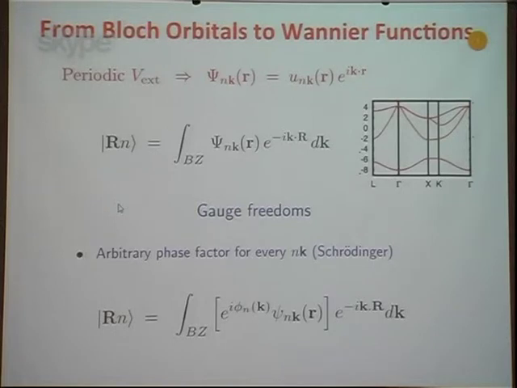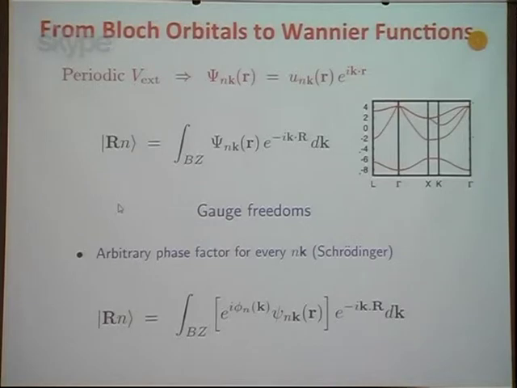It depends on the phi n, and actually I have the freedom of choosing the phi n of k as I want, which can give me some desirable properties for the Wannier function.